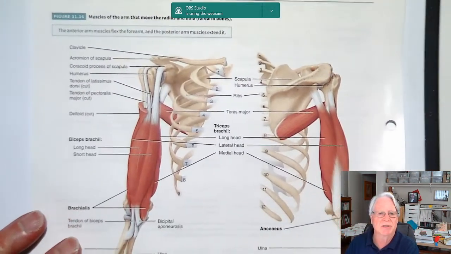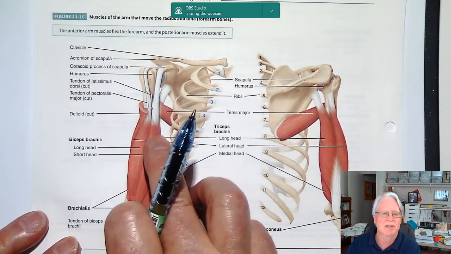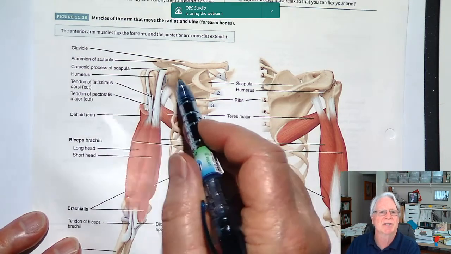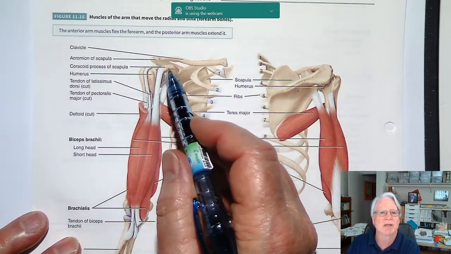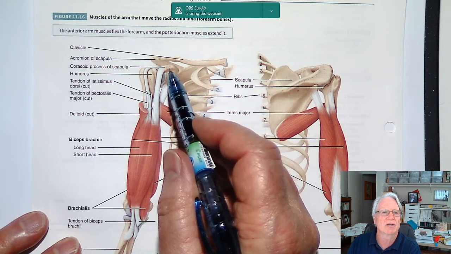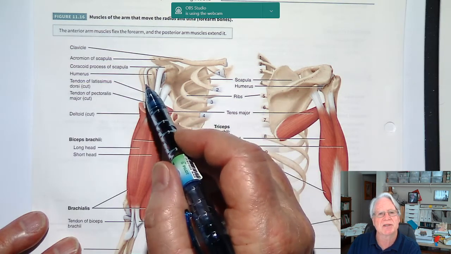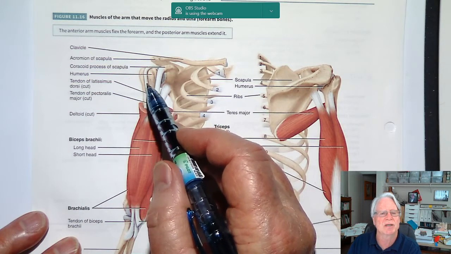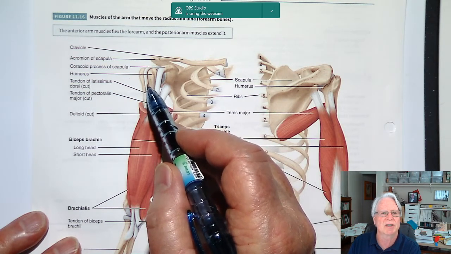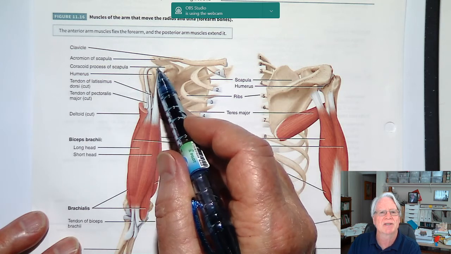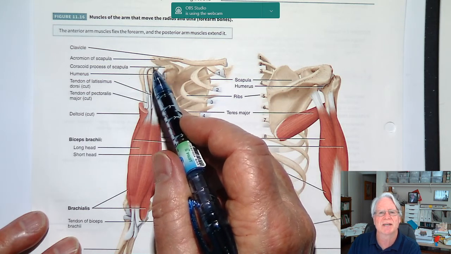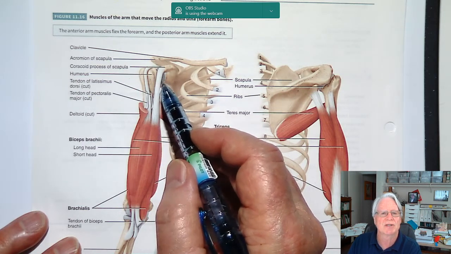So here is a close-up. This is the muscle right here, and we have our two heads. One is connected to the coracoid process and one goes up, and the tendon is sitting in that groove between the greater and lesser tubercle. That's the intertubercular groove, and is connected to the supraglenoid tubercle, which is right here.